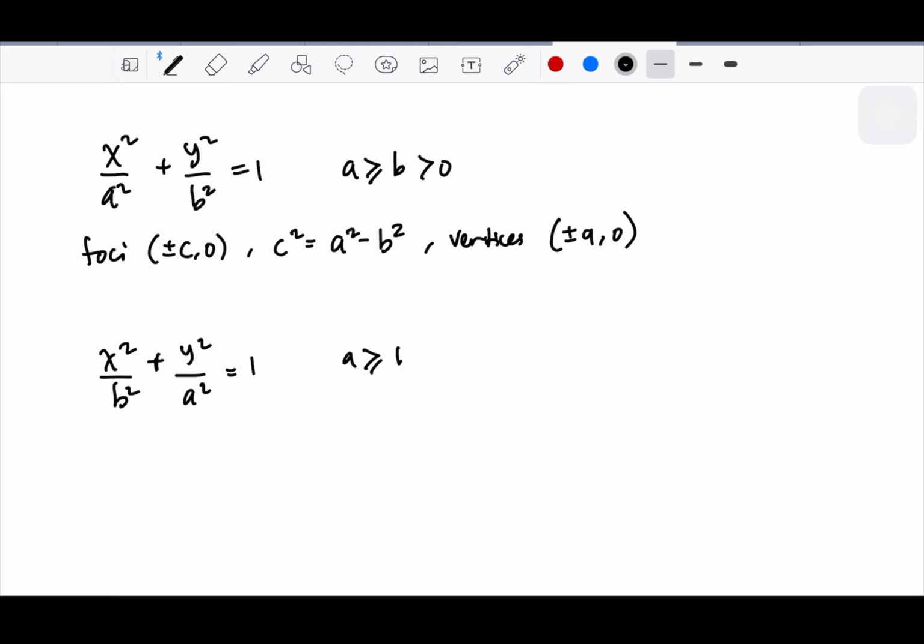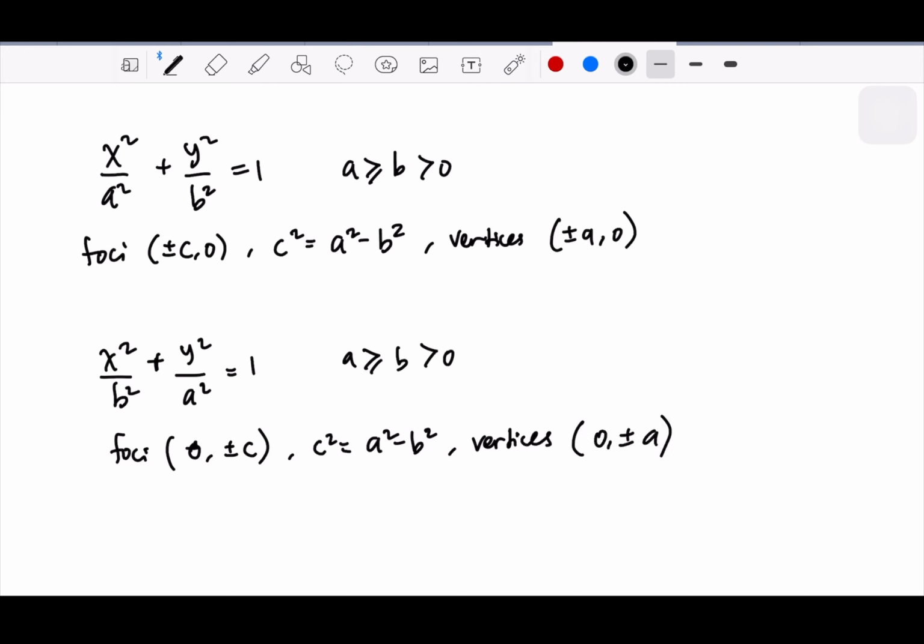This is A greater than B greater than 0. So this will be for this ellipse, and this will be for this ellipse.